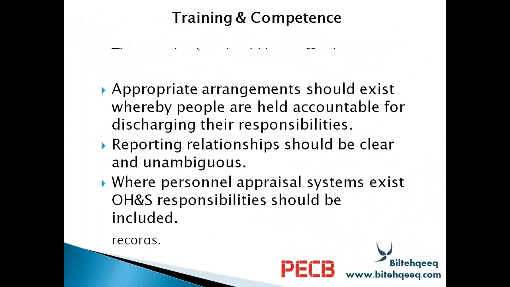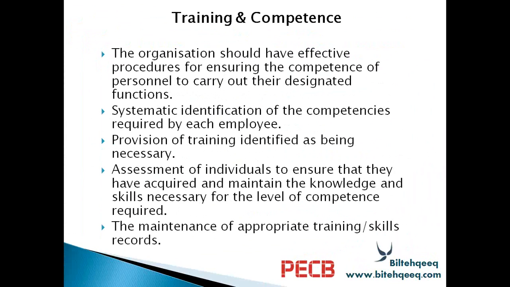The next element we are going to discuss is training and competence. The organization should have effective procedures for ensuring the competence of personnel to carry out their designated functions. This includes systematic identification of the competencies required by each employee, provision of training identified as being necessary, assessment of an individual to ensure that they have acquired and maintained the knowledge and skills necessary for the level of competence required, and the maintenance of appropriate training and skills records.